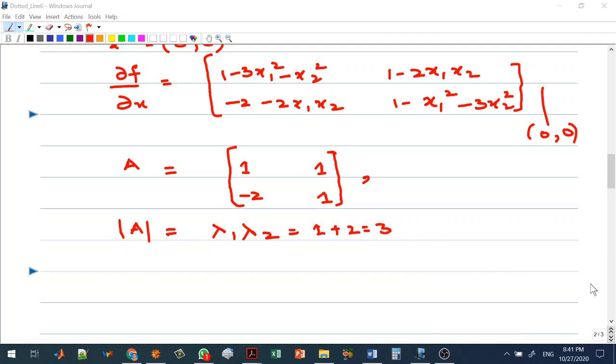And this is positive, which means that either both of the eigenvalues are negative or both of the eigenvalues are positive, right?